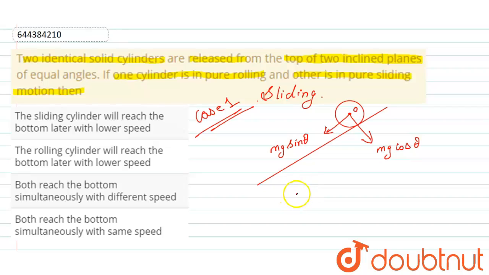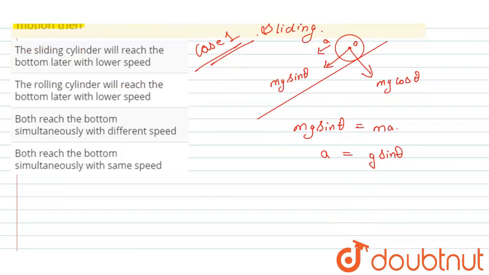The equation will be mg sin theta = ma, and so a = g sin theta. Here a is the acceleration with which the cylinder is moving in the downward direction.